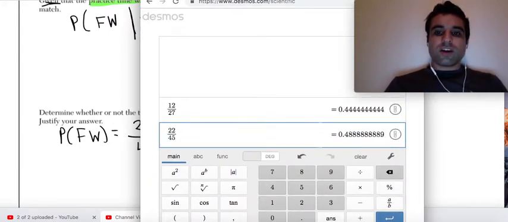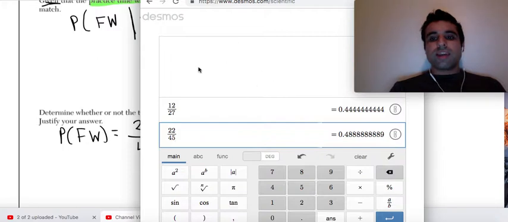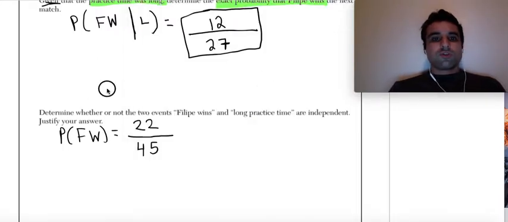So you see they're not the same, right? They're not that far apart, but they're not the same. One is 0.48 continuously, the other one's 0.44 continuously. So this one is equal to about 0.48, and the 8 just keeps going on forever.